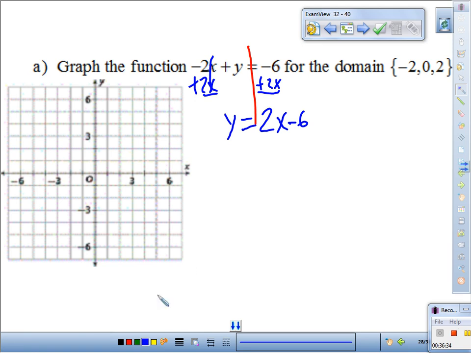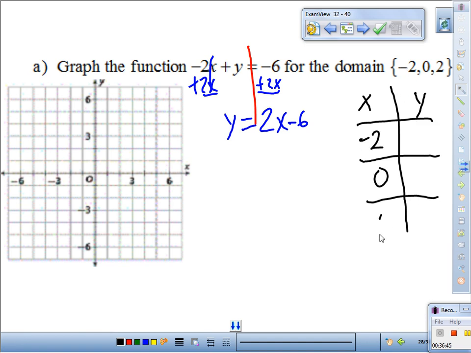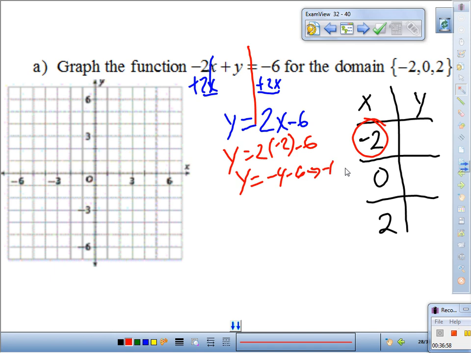However, now they give us a domain to use. So on the side, you're going to write x and y. So what is the domain? Negative 2, 0, 2. So what's the first value I'm going to substitute in for x? Negative 2. So that is y equals 2 times negative 2 minus 6. Y equals negative 4 minus 6, which is negative 10.